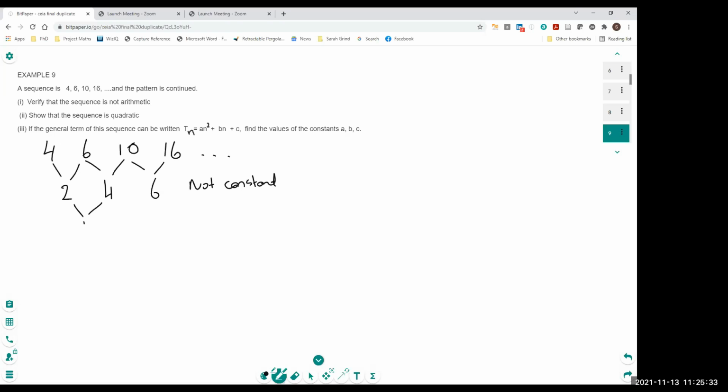2 from 4 is 2. 4 from 6 is 2. So those were the first differences, and these are the second differences. And it's constant. And that implies it's a quadratic sequence.